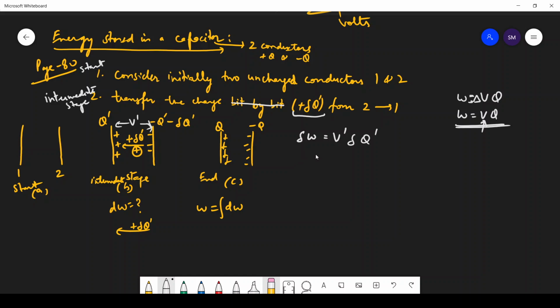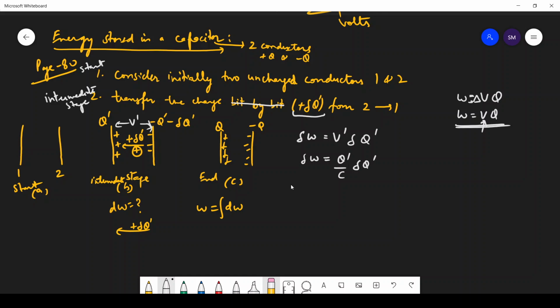Now this delta W can be written as Q dash upon C, because I will be integrating this work. If V dash depends on Q, write V dash in terms of Q. So V is equal to Q by C, and that's delta Q dash.